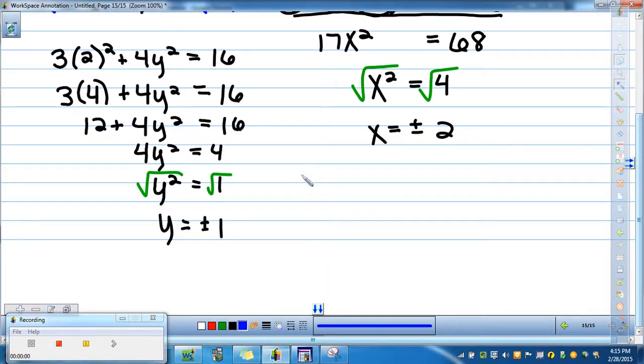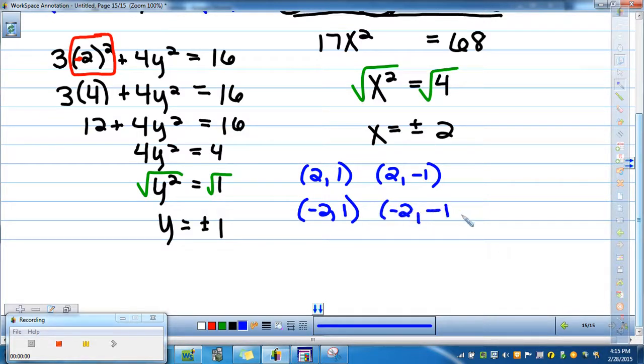So that tells us that when x is 2, y could be positive 1, or y could be negative 1. Now, if we plug in the other answer of negative 2, we're going to get the same solution, because negative 2 squared is still going to equal positive 4. So adding to our solution set, we have negative 2, positive 1, and negative 2, negative 1.